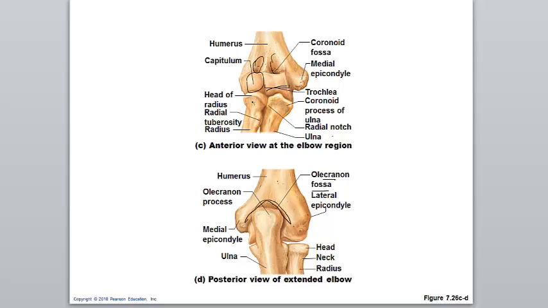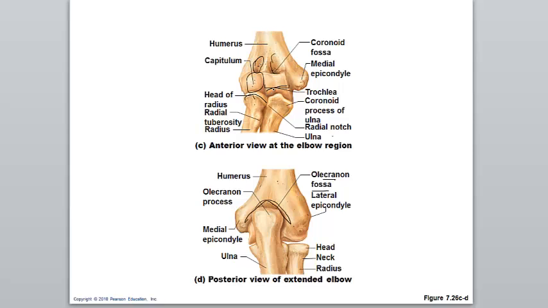So the radius, which is towards your thumb, is going to sit on the capitulum of your humerus. Here's the head of the radius sitting on the capitulum. Capitulum also means head. And when you bend your elbow, the head of the radius goes inside the radial fossa, hence radial fossa.